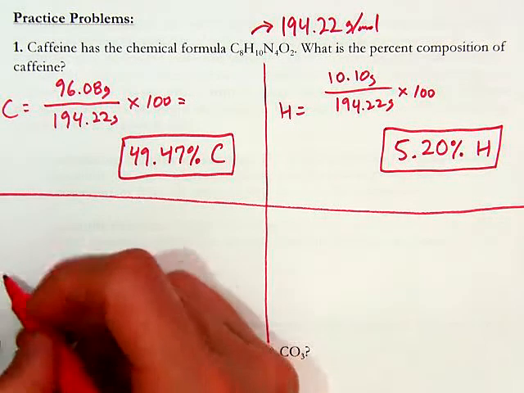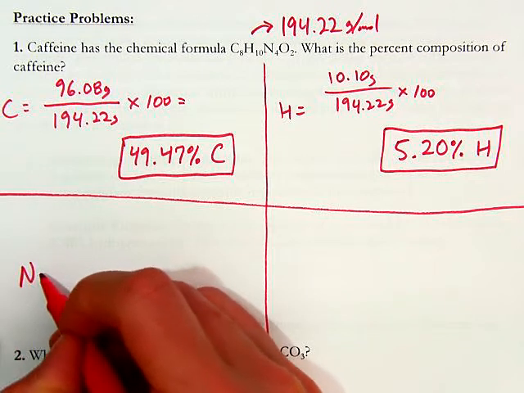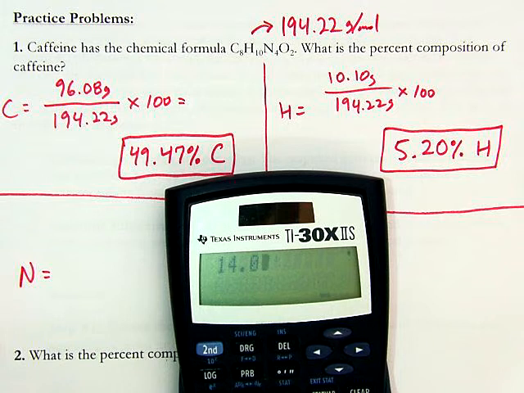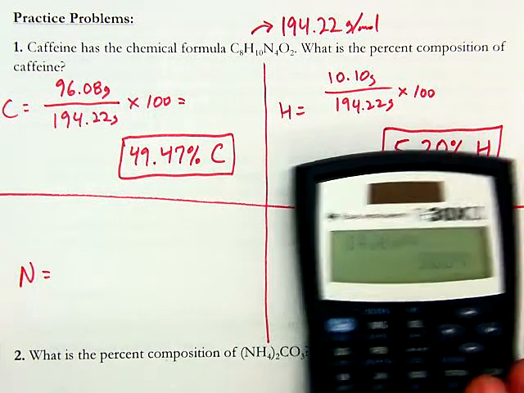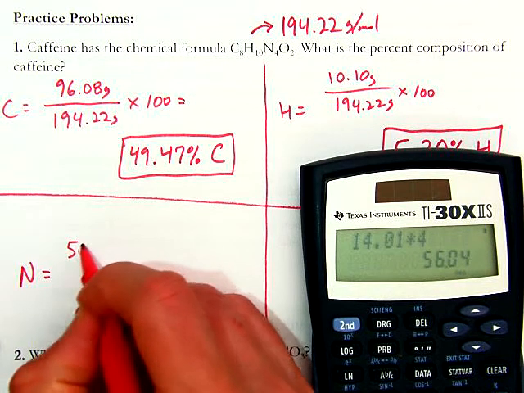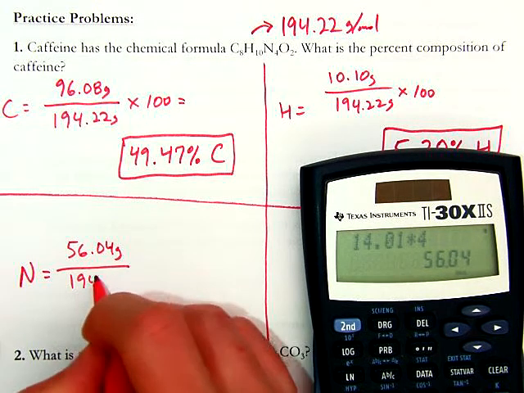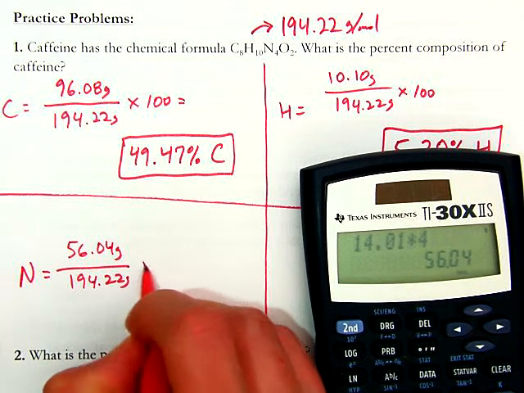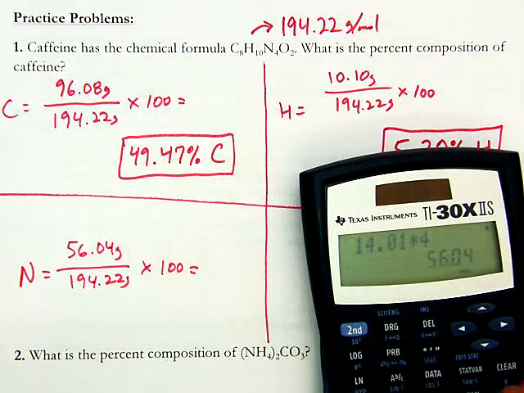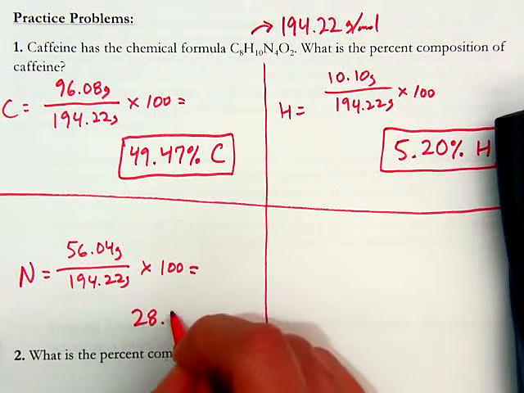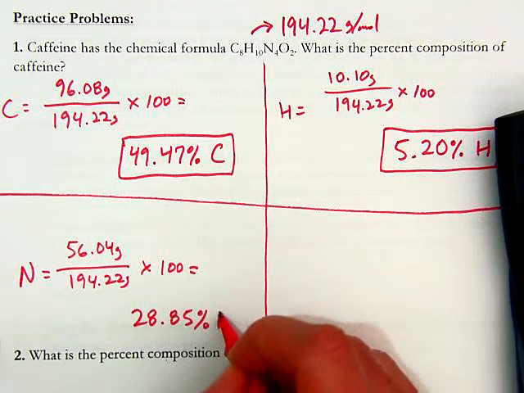So we also have nitrogen. Nitrogen is 14.01, and we have 4 of them. So 56.04 of the 194.22 comes from nitrogen. So that's about 28.85% nitrogen.